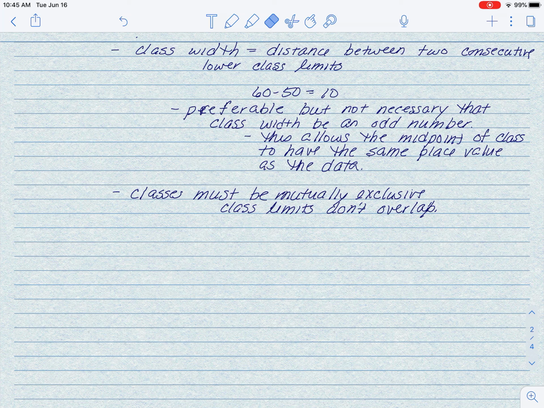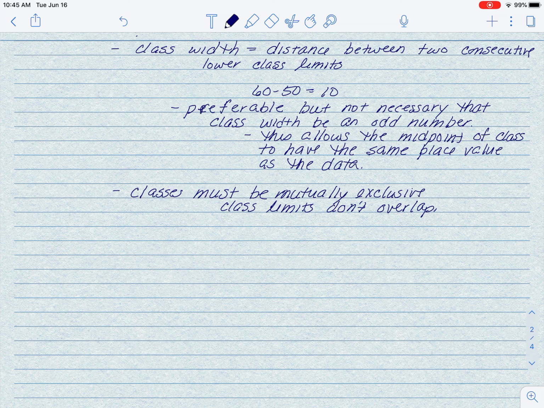The classes must be continuous, so you can't skip numbers, meaning no gaps.